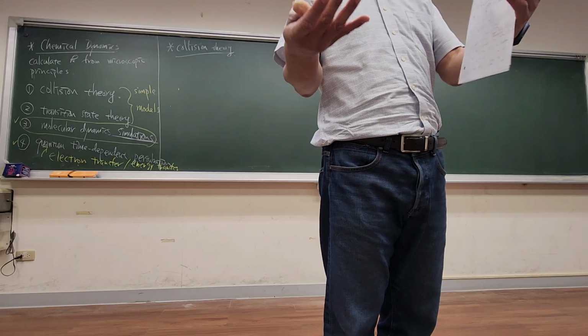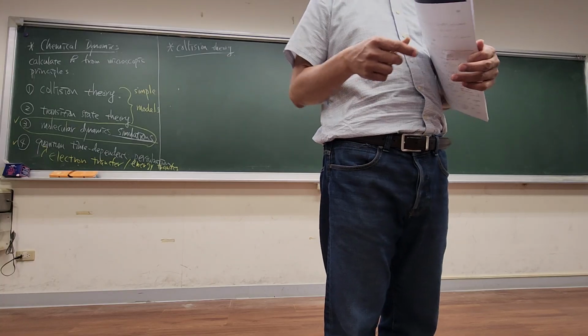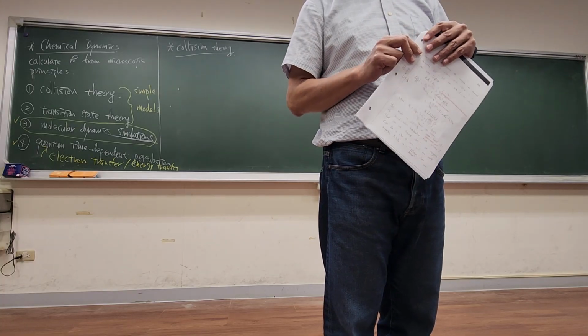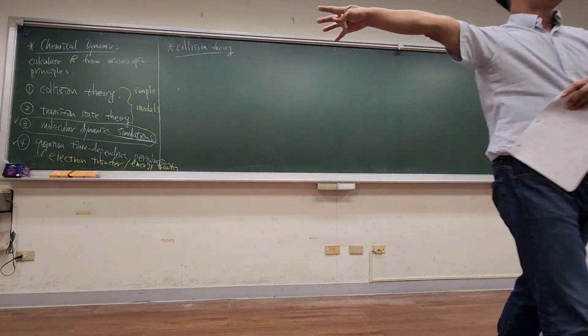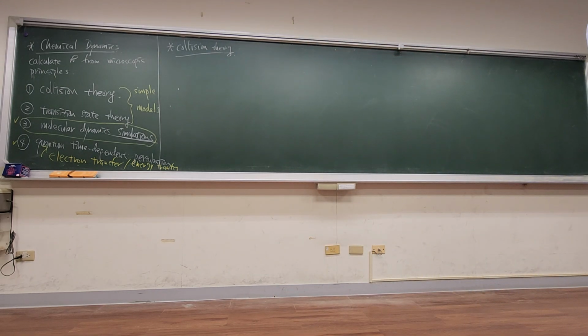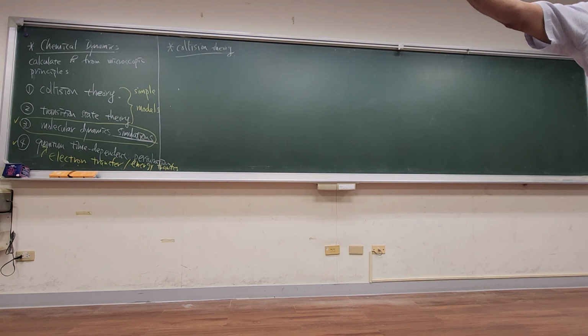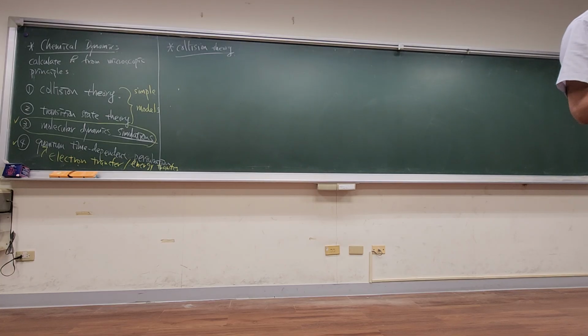Yeah. And this is how I introduced statistical mechanics to you. Okay. So this is similar. If you want to understand chemical reaction, although it seems very straightforward to apply collision theory, in reality it's too complicated.